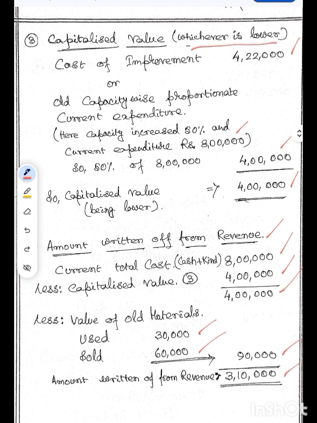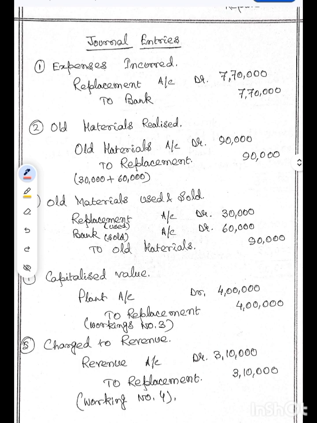Okay. Next, now the journal entry, and here first is expenses incurred. Our total expenses incurred, excluding only the expenditure made in cash or through bank, is 7,70,000.